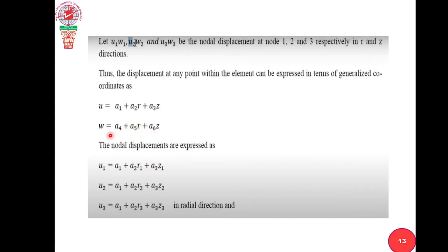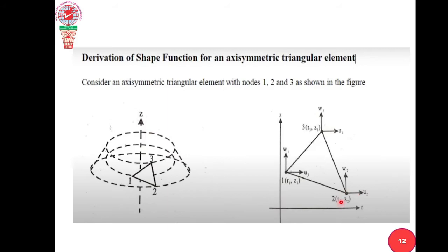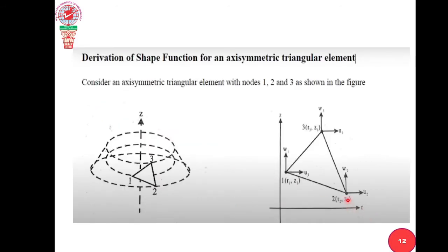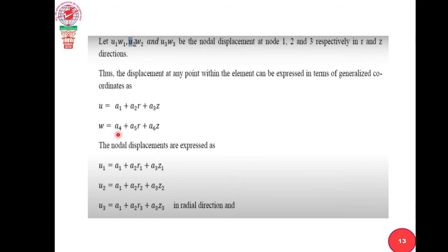What does w2 become? w2 is equal to a4 plus a5 r2 plus a6 z2. Similarly, w3 is equal to a4 plus a5 into what?